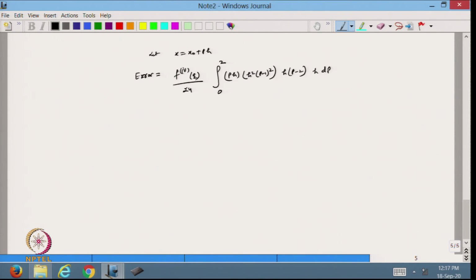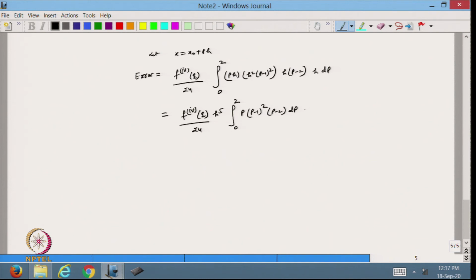So, h to the power 5 will come out, and then I will get the integral from 0 to 2 of p (p minus 1) whole square into (p minus 2) dp. So, this value we are going to get.